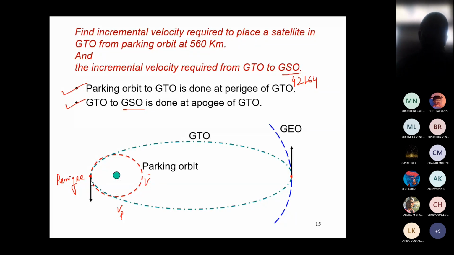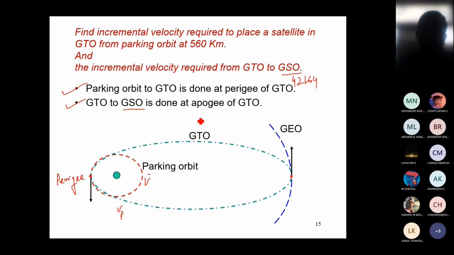Particularly when the satellite is close to the perigee point, velocity will be very high, and when the satellite goes towards the apogee point, the velocity reduces. So throughout the orbital rotation, particularly for elliptical orbit, the velocity is different. However, for circular orbit, the satellite moves at a uniform velocity throughout the orbital period.